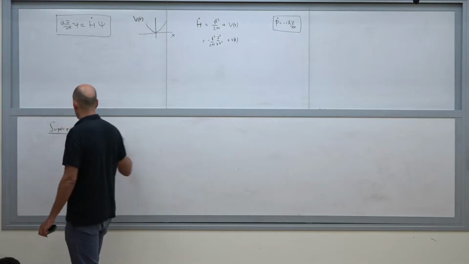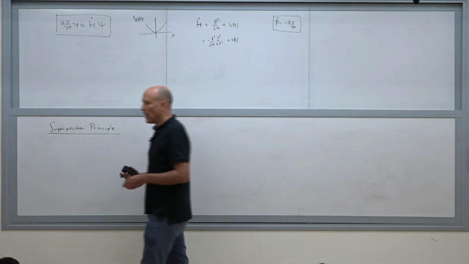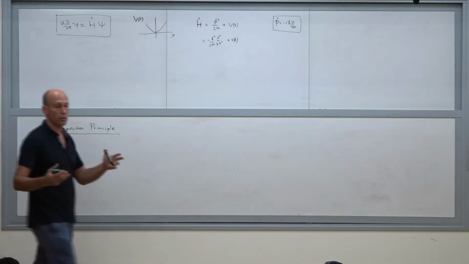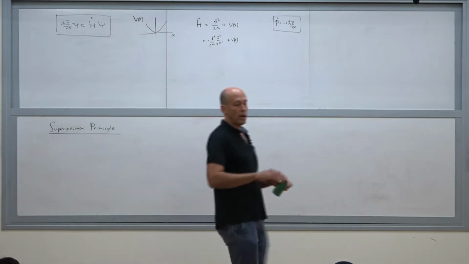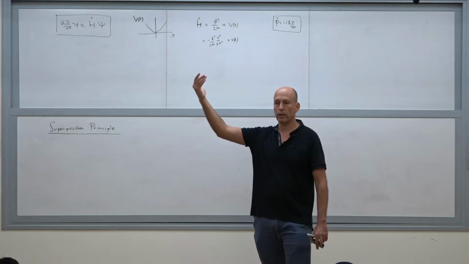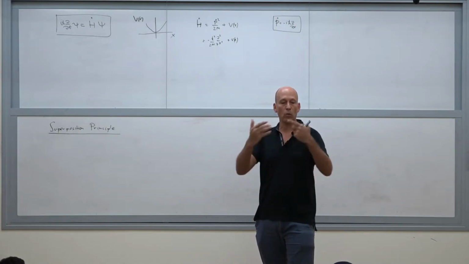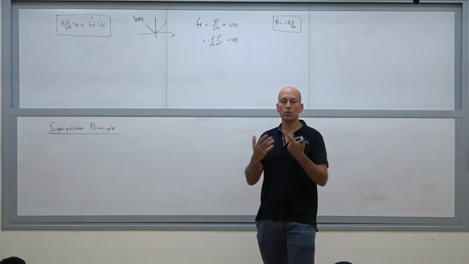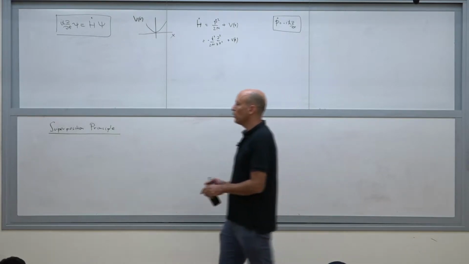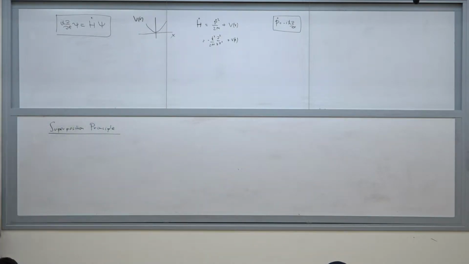And the superposition principle is related to the fact that you have a linear equation, and this uses something that you already saw, let's say, when you studied waves. So you know that in the wave equation, where you have the second derivative of x and the second derivative of time, you take a free wave, you can add many waves together, and these are still solutions of the wave equation. And similar thing happens here in the following sense. So the superposition principle is the following.